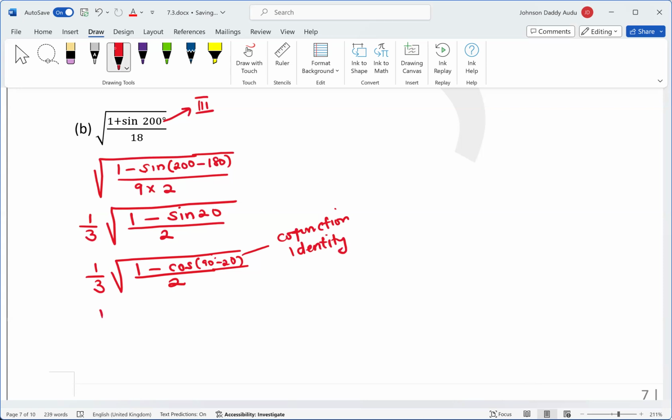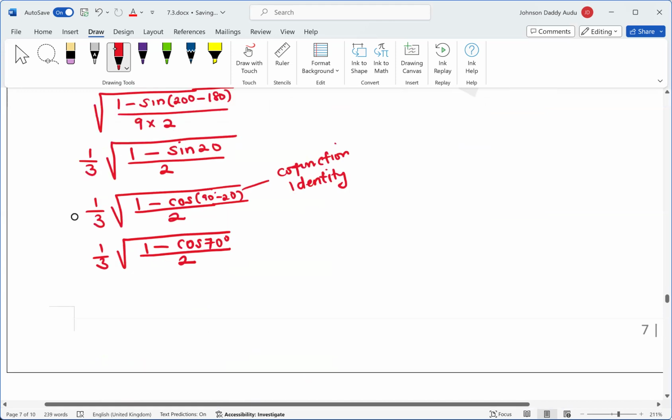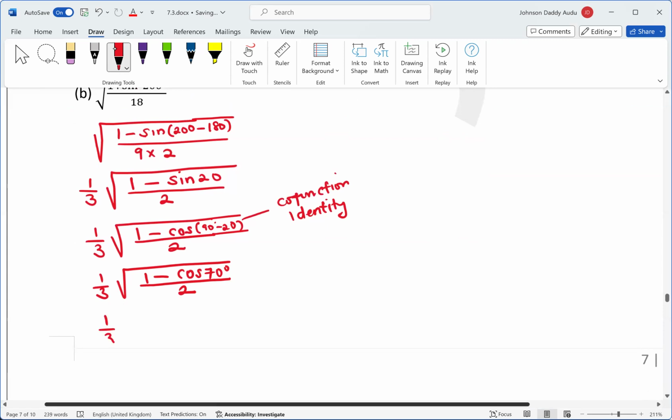So this becomes 1 over 3 times the root of 1 minus cosine of 70 degrees divided by 2. And clearly, since here it's minus, it means we'll be dealing with sine, right? So this is just going to be 1 over 3 sine of 70 over 2, which is 1 over 3 sine of 35 degrees.